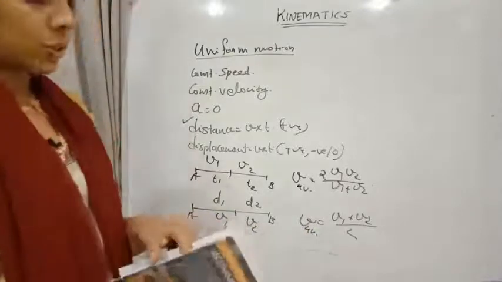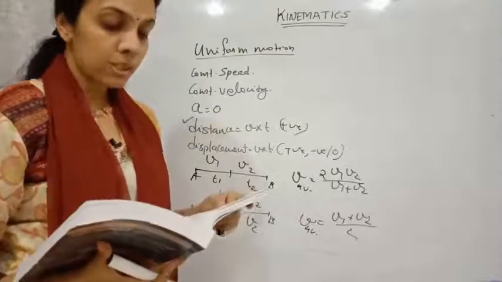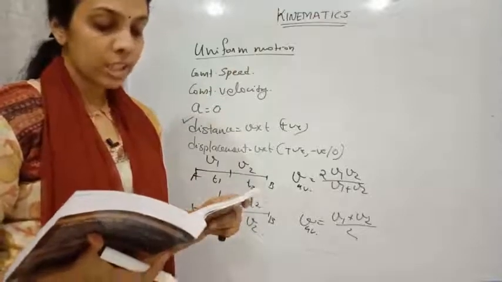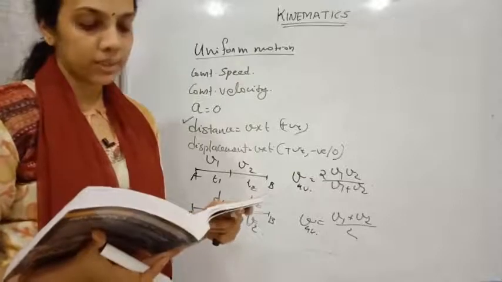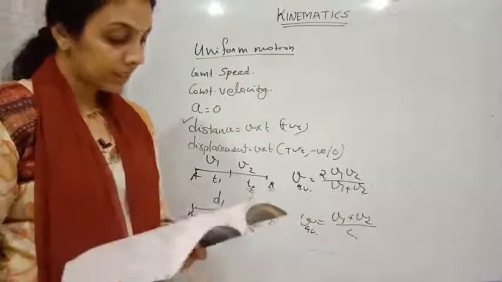Okay, clear? So next, in some numericals: a particle moves in a straight line with constant speed of 4 meter per second for 2 seconds, then with 6 meter per second for 3 seconds.